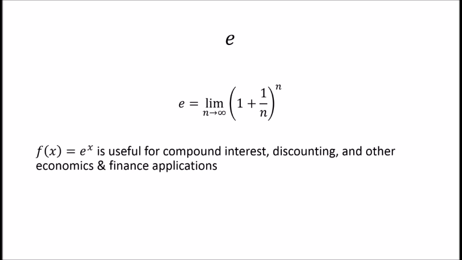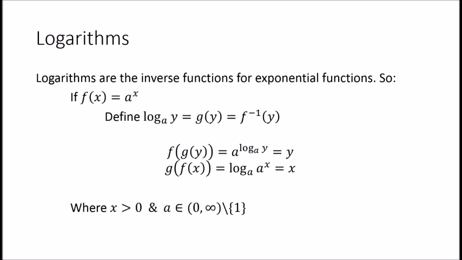We'll see that there's a special logarithm that is used to unwrap e to the x functions. So logarithms are, at their very most basic level, inverse functions. We have a function a to the x. We want to get the x out of the exponent. Algebraically, the thing we need to do is take the logarithm of base a of a to the x.